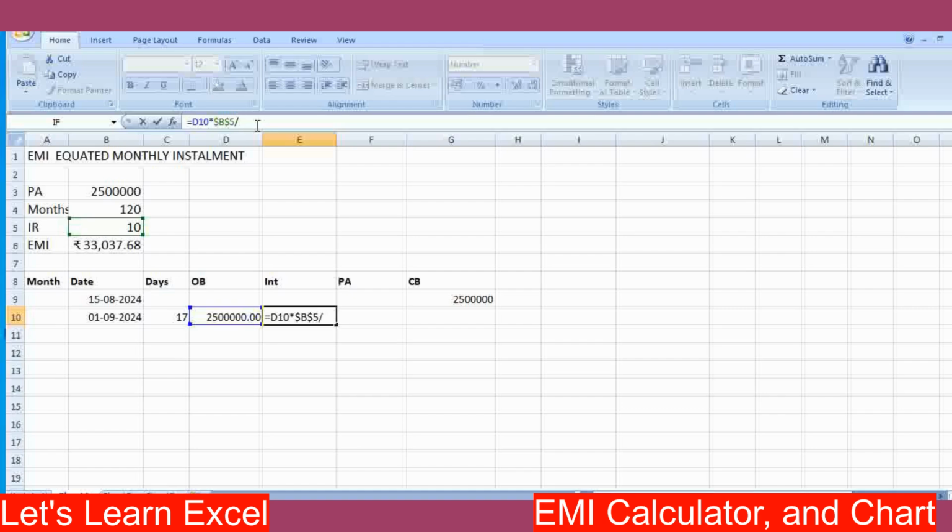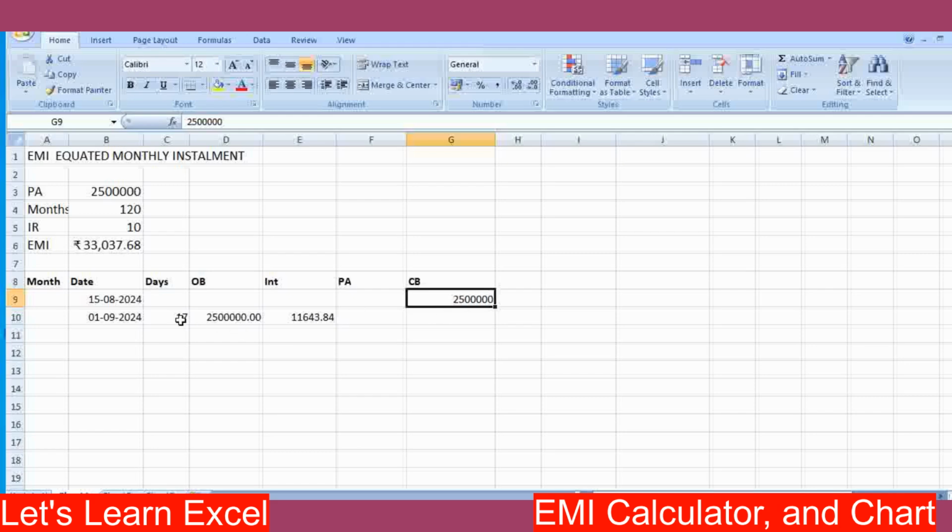So it will be divided by 365 into 100. This will give you the interest for 1 day. Now we have to calculate it into 17 days, so into this date, and press enter. So 11,643 will be the interest, because we have utilized this 25 lakh rupees for 17 days.